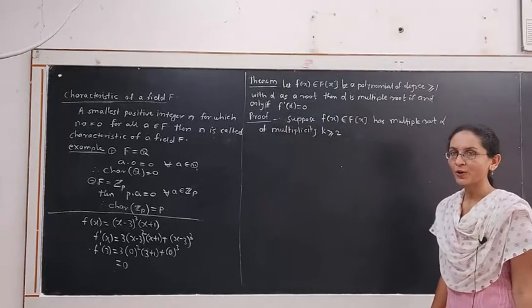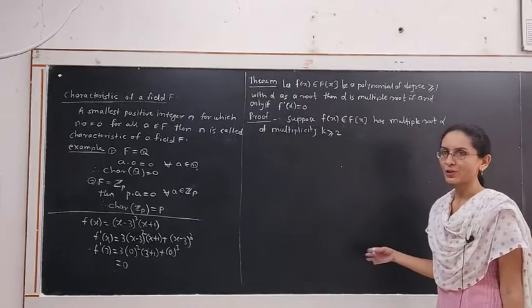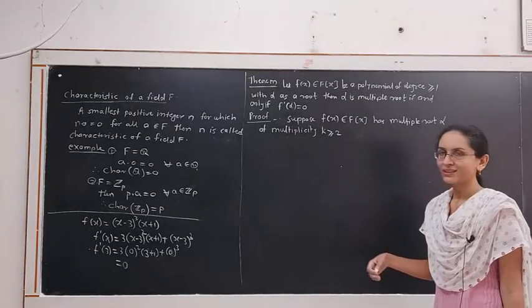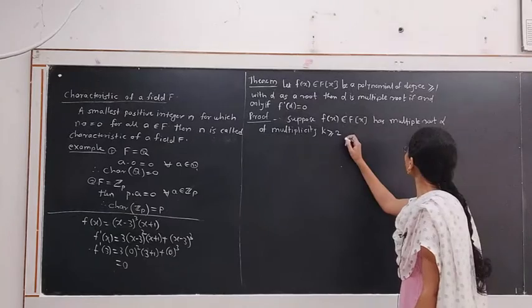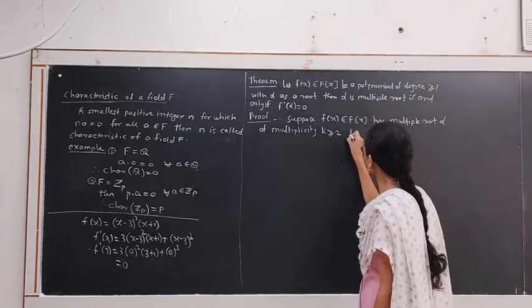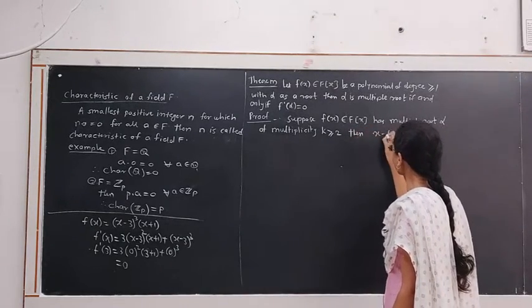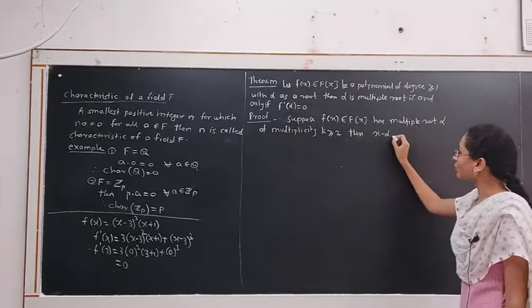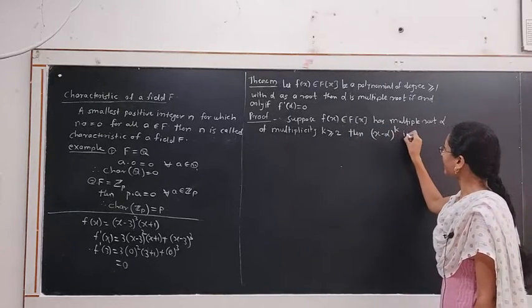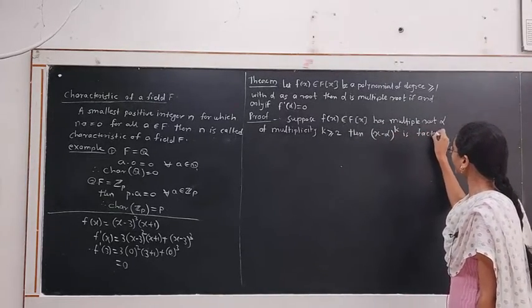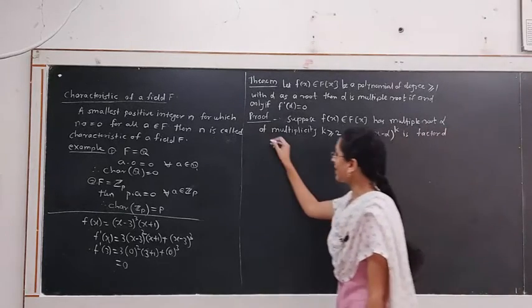This means alpha is a root of the polynomial repeated twice or thrice, or with some multiplicity greater than or equal to 2. Then (x minus alpha) to the power k is a factor of the polynomial f(x).